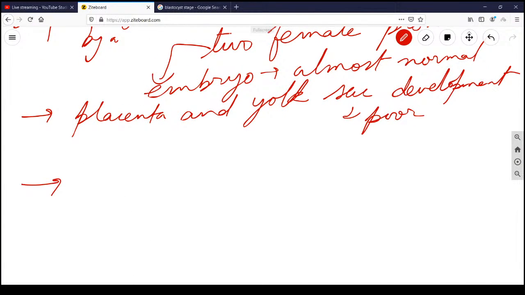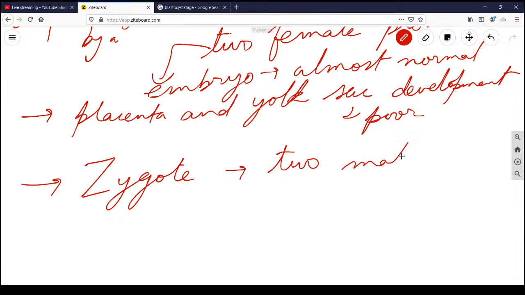Now, the second case is, if you have a zygote with two male pronuclei, means you take out the female pronucleus and replace it with a male pronucleus, then what will happen?